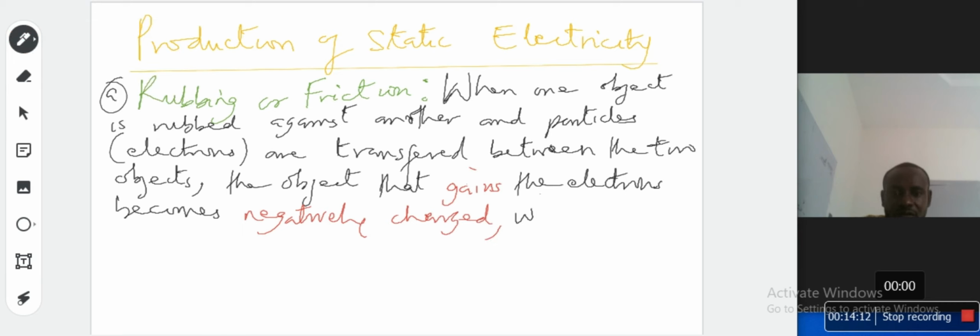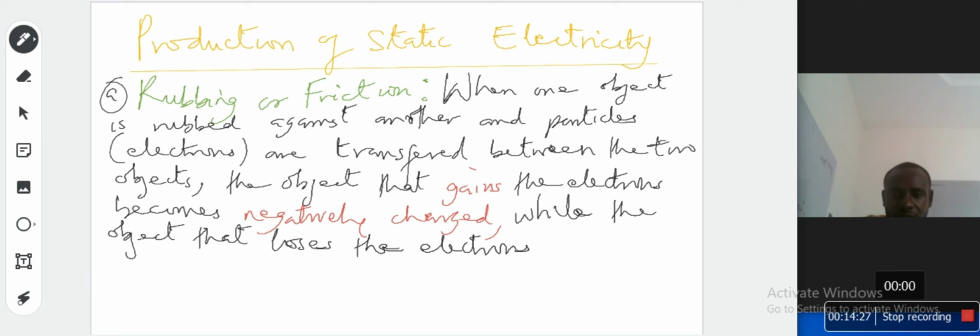While the object that loses the electrons becomes positively charged.